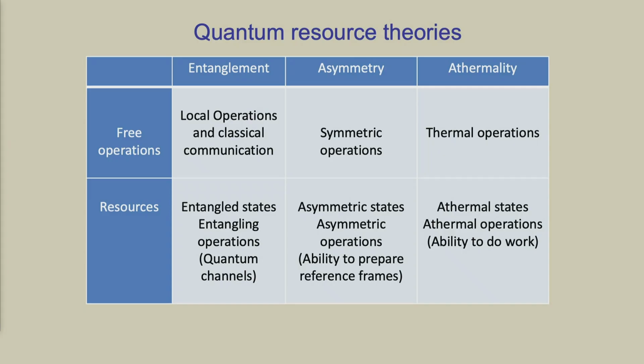And now you can ask, for two states that break the symmetry, can I get from this one to this other one by symmetric operations? If so, they're ordered. And I can start working out the order in the resource theory. Similarly, I could take for free operations that are thermal at some temperature. And then you think of everything that's in thermal equilibrium at that temperature as free.